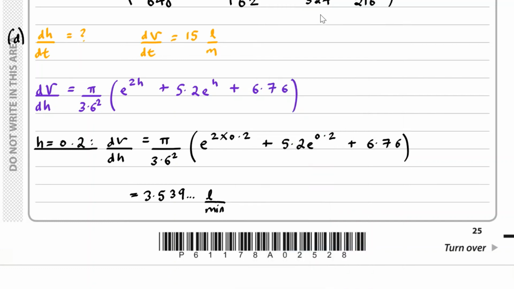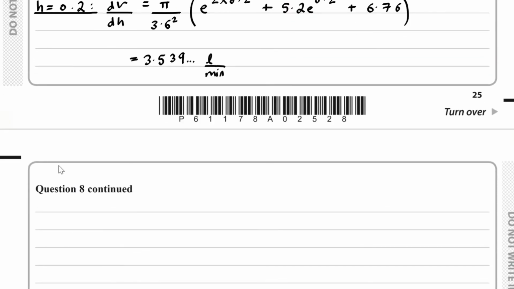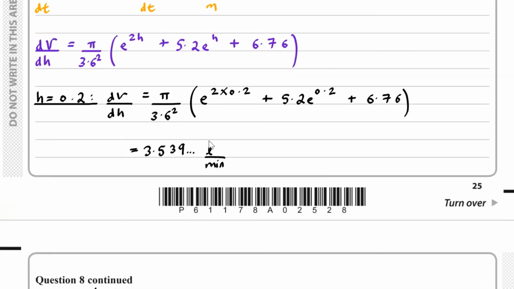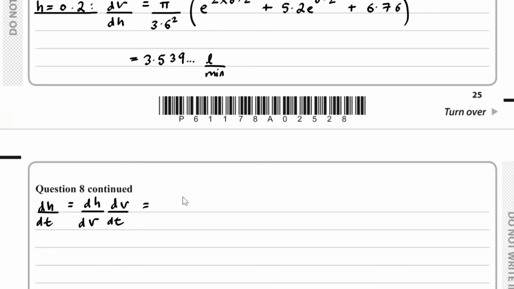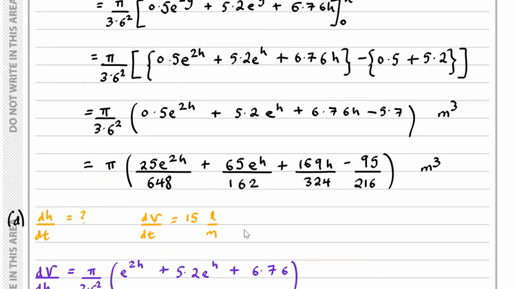Okay, now we want to work out what dH over dt is. So dH over dt is equal to dH over dV multiplied by dV over dt. So dH over dt, that's the inverse of this. So we have 1 over 3.539, etc. And then we multiply this by, well, here if you go back, we have 15 litres per minute.